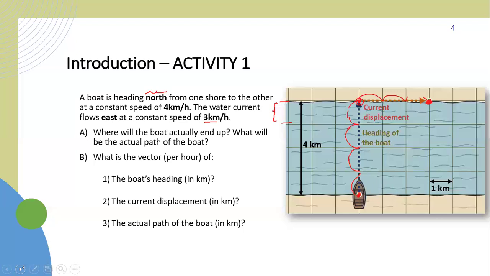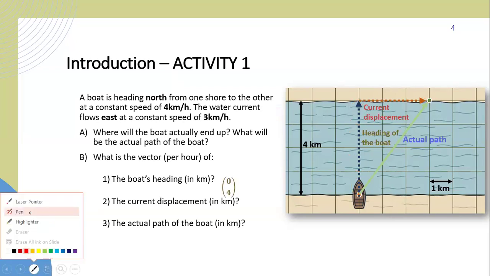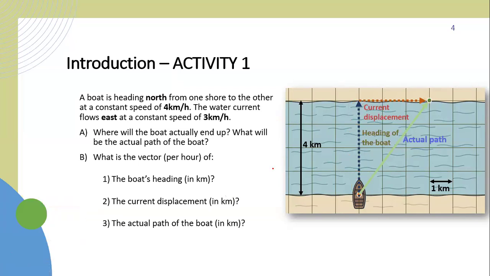Then afterwards, I'll show the actual path that the boat must have taken for it to reach safely in the place. Now, what is important here? One, they want us to find out the vector per hour for the boat heading.